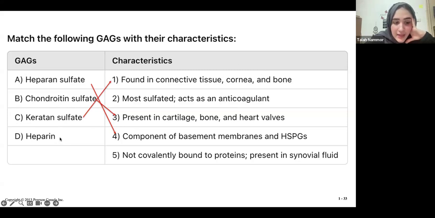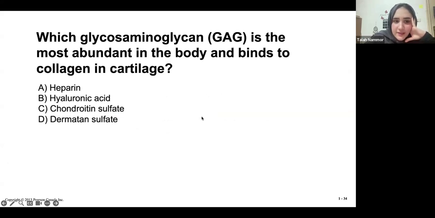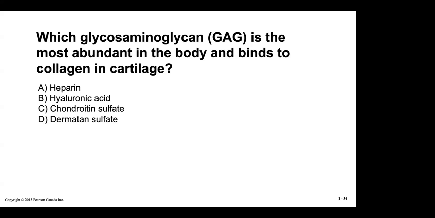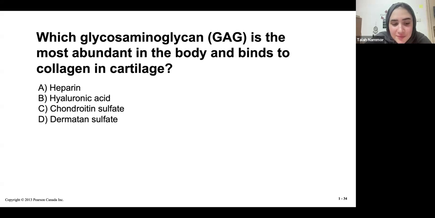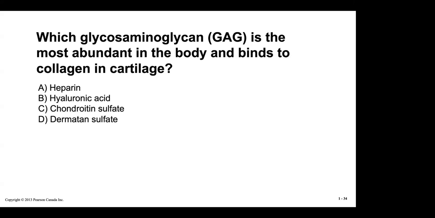Last but not least, heparin. It acts as an anticoagulant and it's the most sulfated. It makes sense. Now, which glycosaminoglycan is the most abundant in the body and binds to collagen and cartilage? Is it hyaluronic acid or chondroitin?